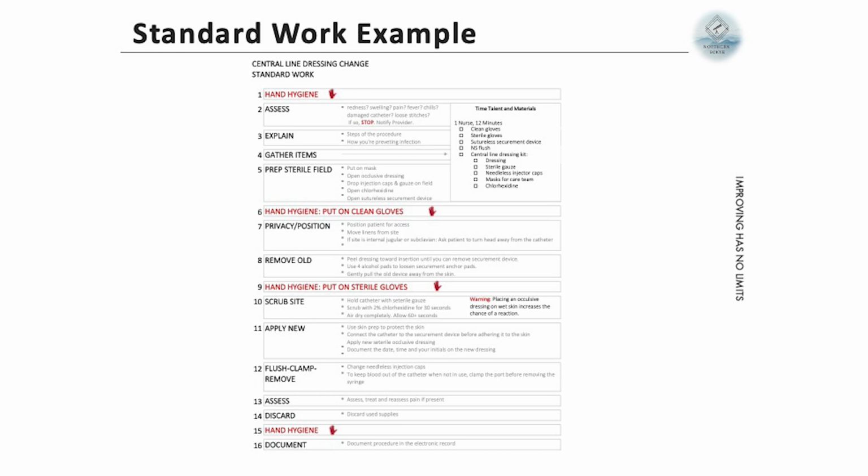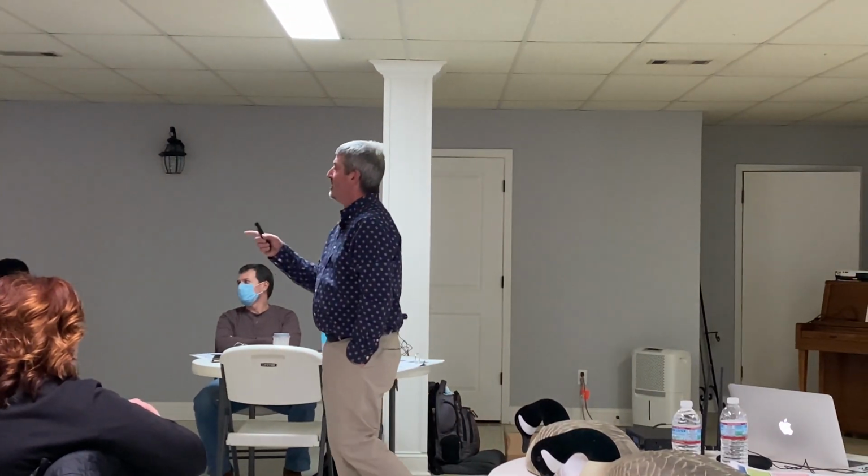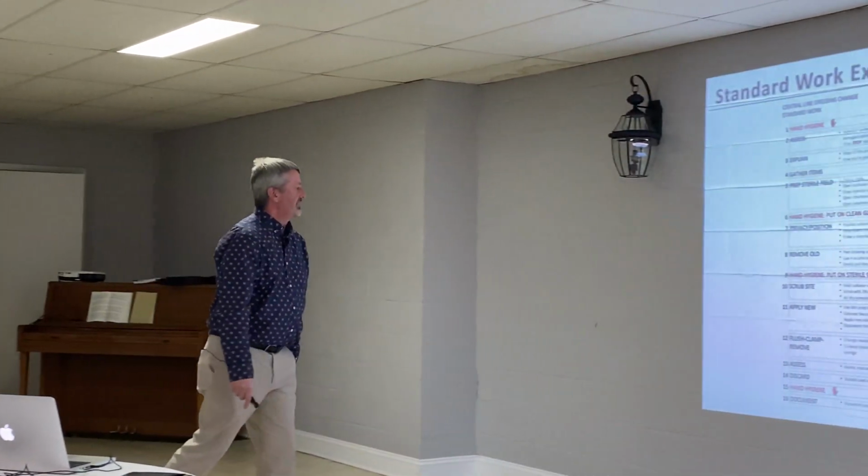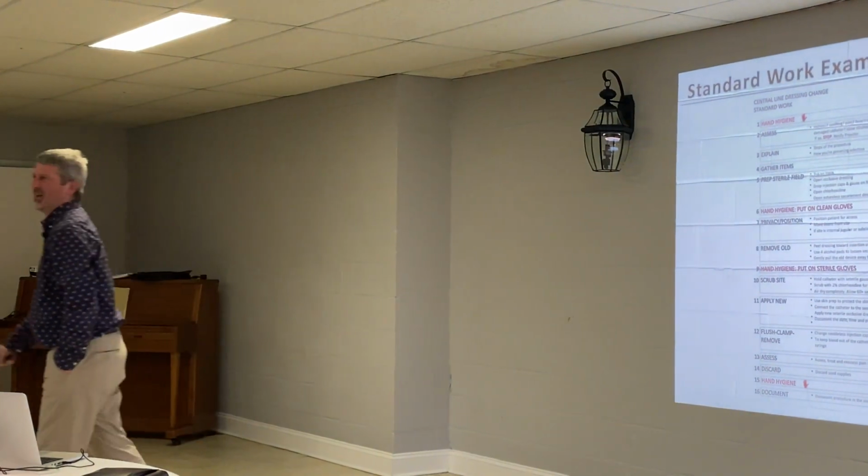Why are we following the steps in a specific order? Best practice. What else? So we don't miss something. What if one of these steps, say, I don't invent this, is 10, 11 could actually, doesn't matter. Doesn't matter if I do 10 first or 11 first. Why do we want to do 10 first?